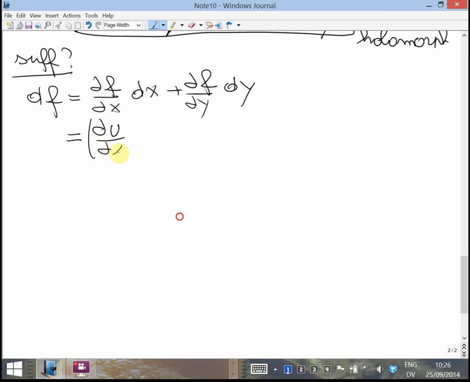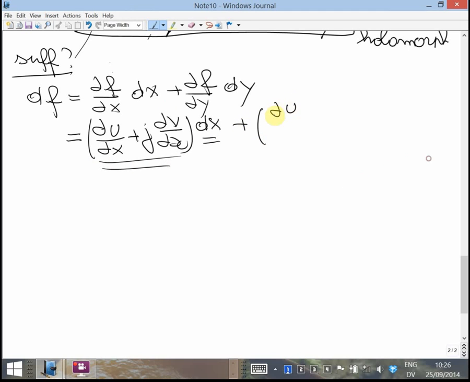So we have du dx plus j dv dx. These are partial derivatives here. These are differentials. So just juggling here. So we have du dy plus j dv dy. And this takes care of everything that's happening with y.